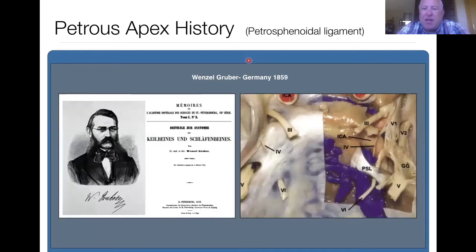Then in about 1859, Wenzel Gruber described what is considered to be the petrosphenoidal ligament, the ligament that goes from the greater wing of the sphenoid to the petrous bone. And its importance is that underneath this is the abducens nerve.